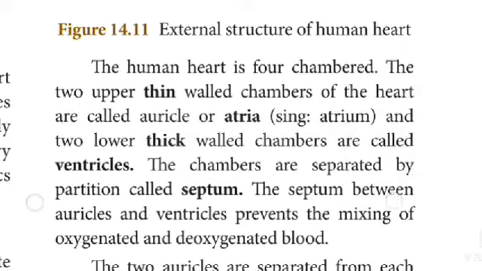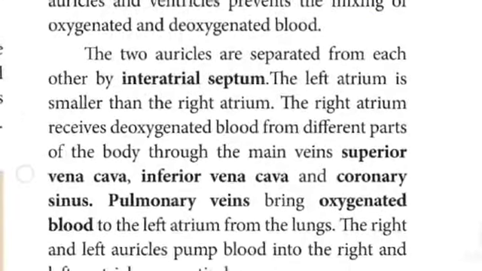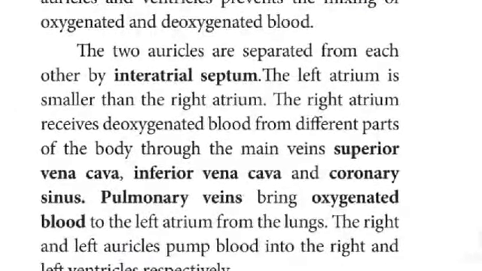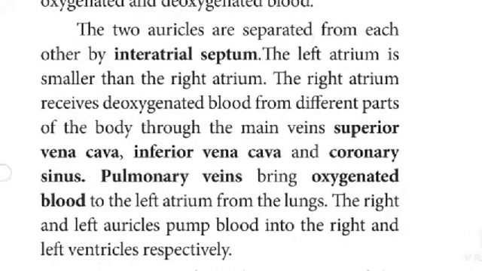The septum between the auricles and ventricles prevents the mixing of oxygenated and deoxygenated blood. The two auricles are separated from each other by an interatrial septum. The left atrium is smaller than the right atrium.